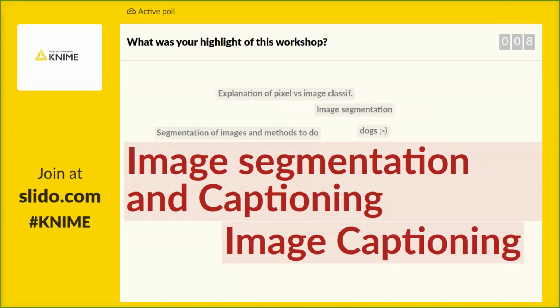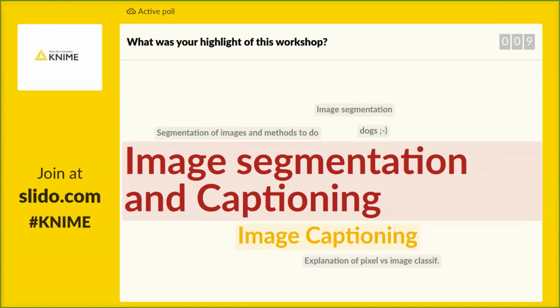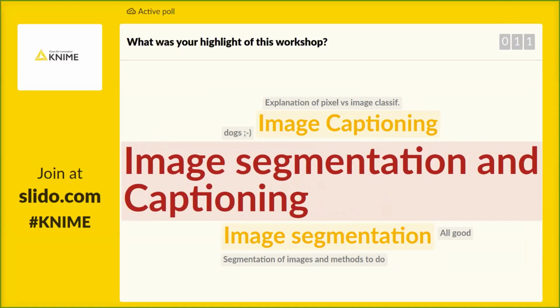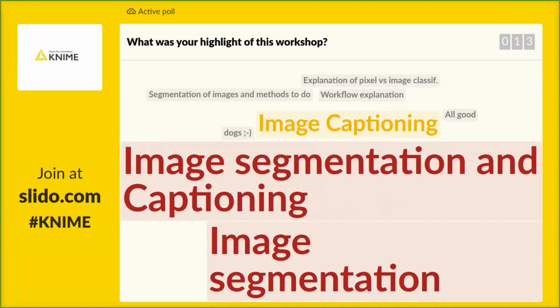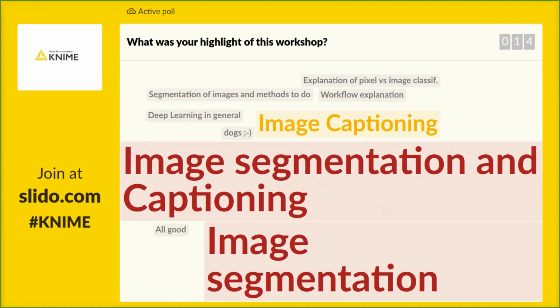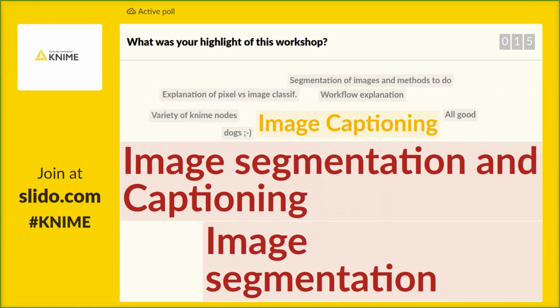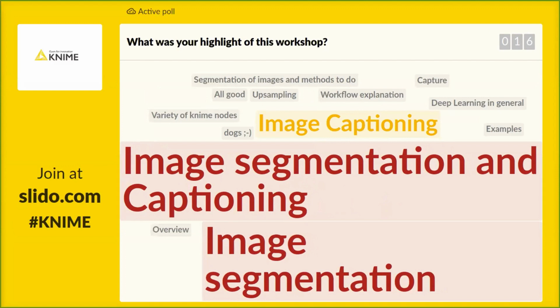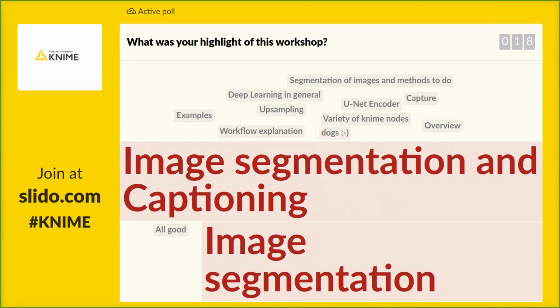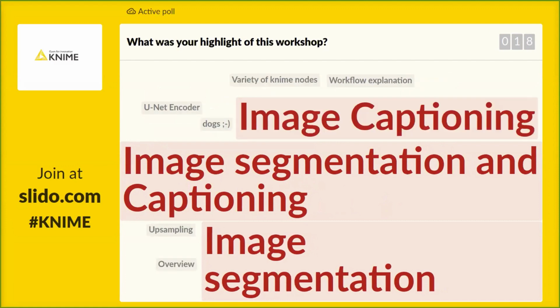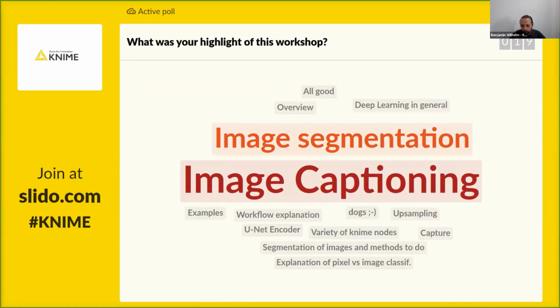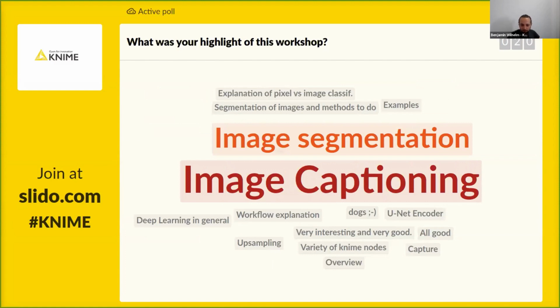Yeah, so the image captioning example is I would say the most advanced one, but it's really worth getting into it. And afterwards, if you're interested, download the workflow and go through it, maybe with the help of the slides, to really understand or to look at the details, because I think that's really interesting. Okay, there are many words in that. Now it fits again in the word cloud. Image captioning, the best one.